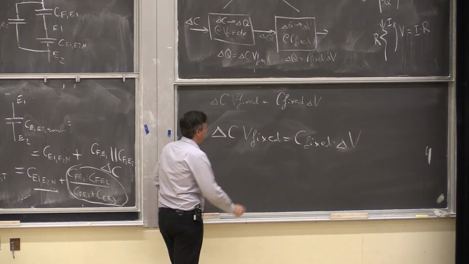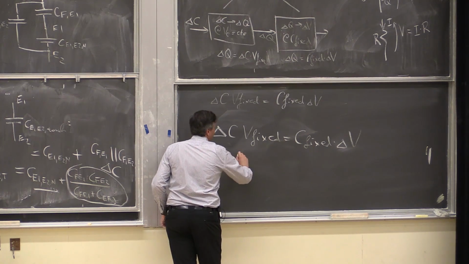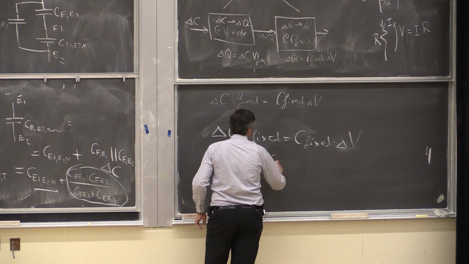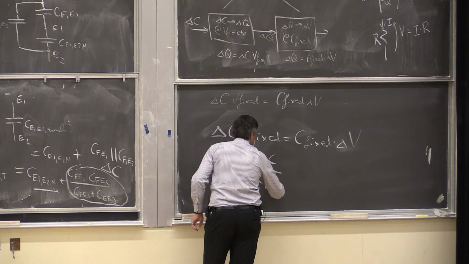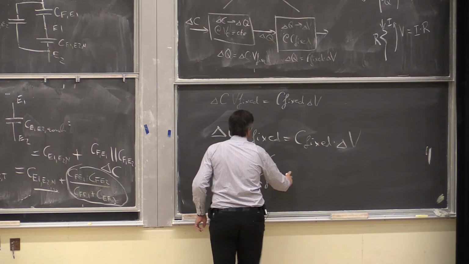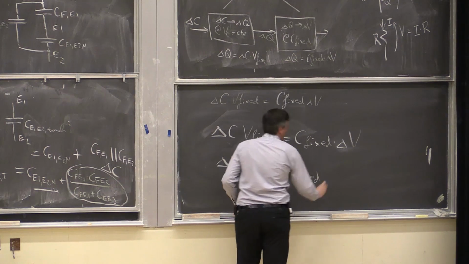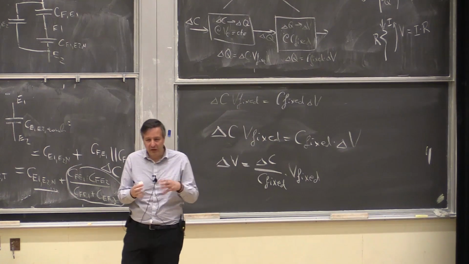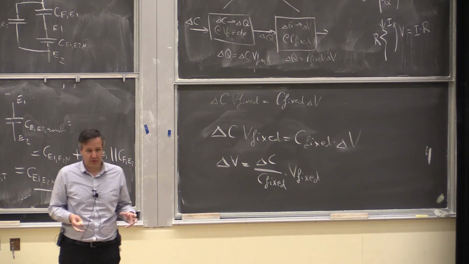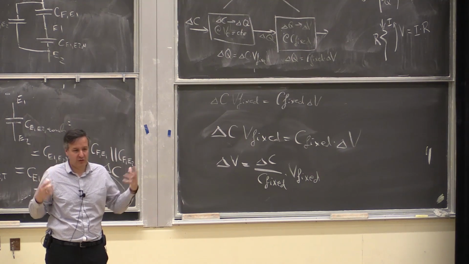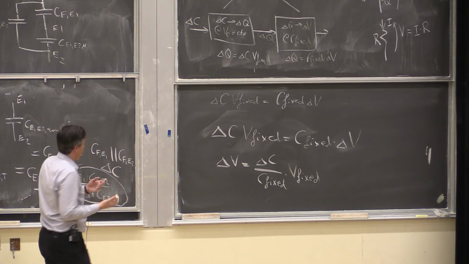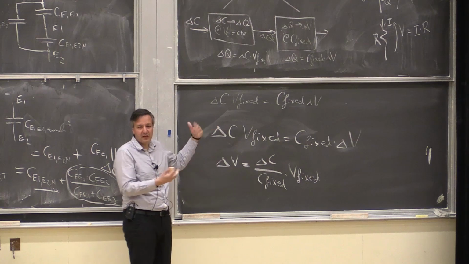So from here, we have that delta V is delta C over C fixed times V fixed. Notice we're not rigorously solving the circuit right now. This is just intuition, to see how these variables relate to one another.